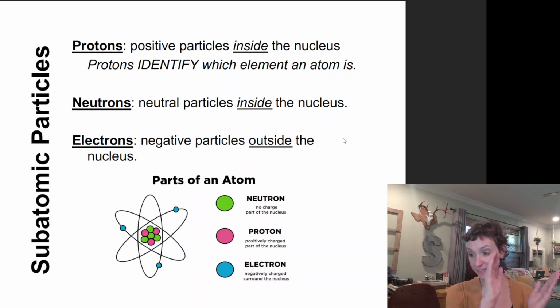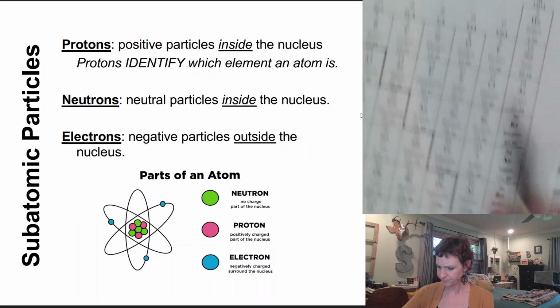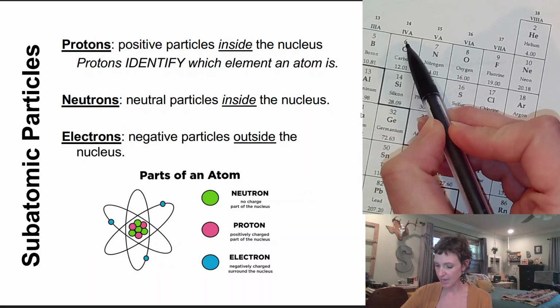All right, so we just learned about the subatomic particles. Protons are the positive particles that are inside of the nucleus. Protons identify which element an atom is. Let me show you what I'm talking about with that. We have a periodic table. We love our periodic table so much. Our periodic table has these numbers up on the top of our element symbols.